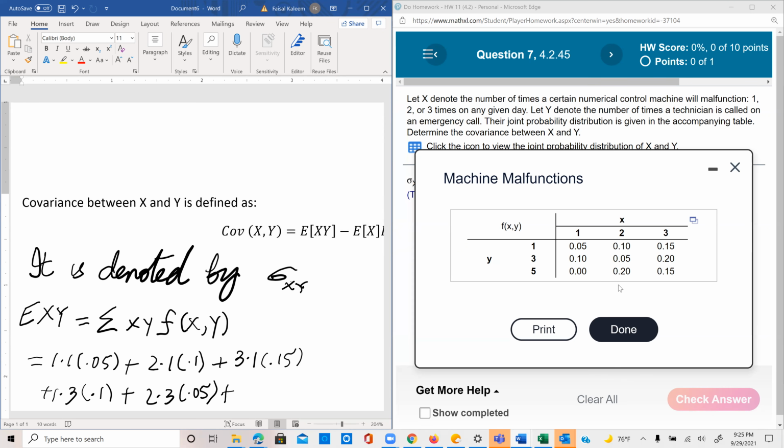Okay, we're doing 1, 1, 2, 1, 3, 1, 1, 3.